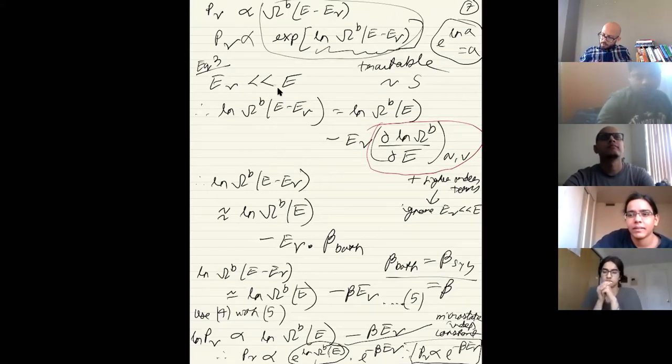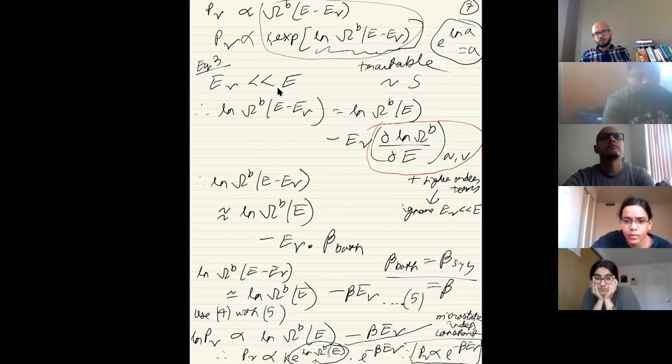We had one over here also, right? So you could call it some proportionality constant K. It won't matter because it will again disappear over here. You can be precise about all proportionality constants, but just like this proportionality constant at the very end disappeared, it doesn't matter. What we have tried to derive here is P nu proportional to e to the power minus beta E nu, right? We ignored the value of the proportionality constant completely.